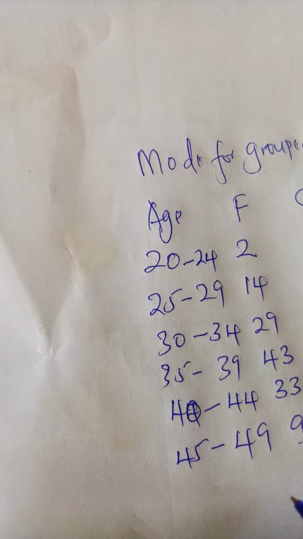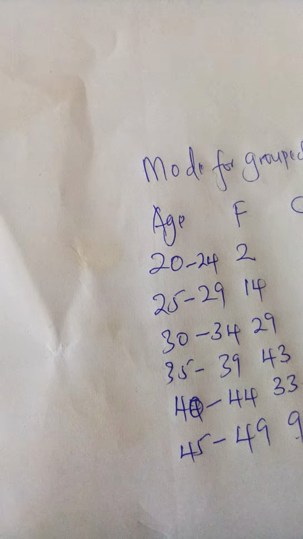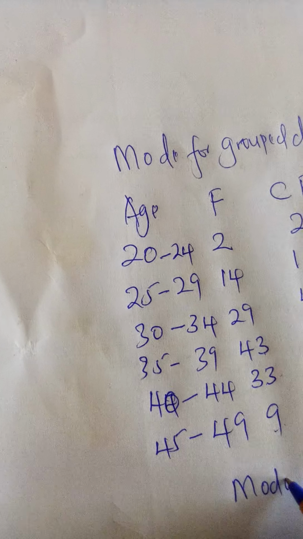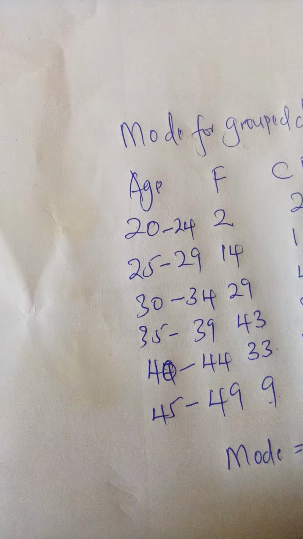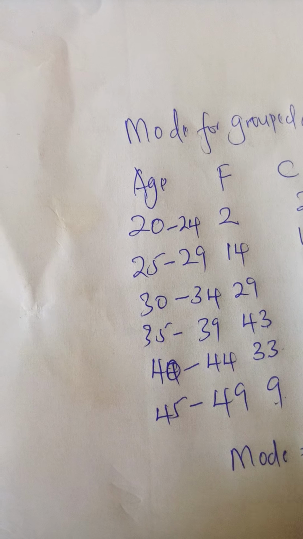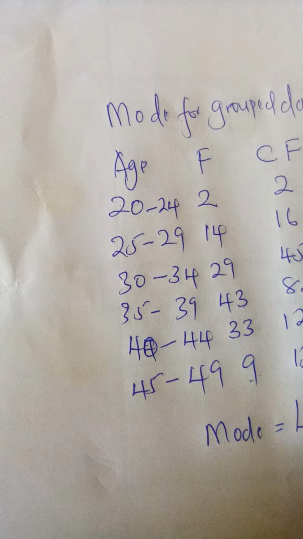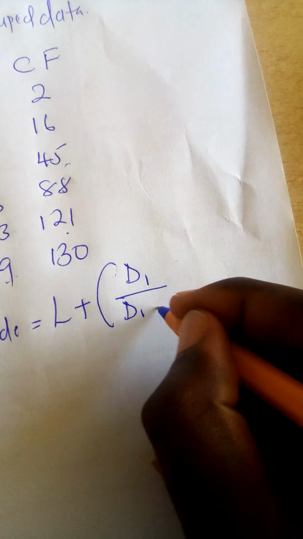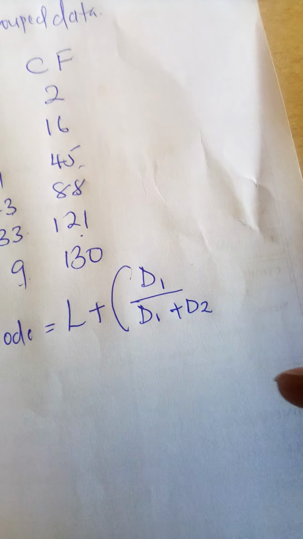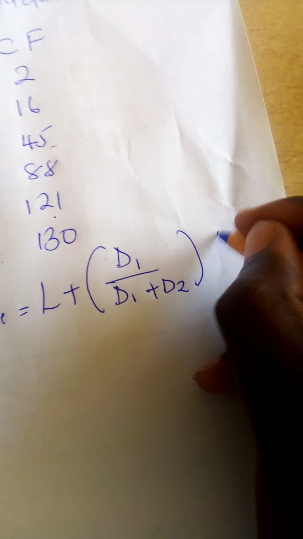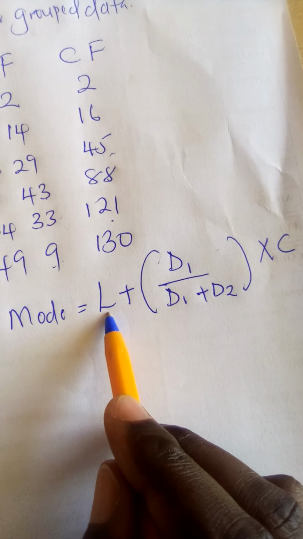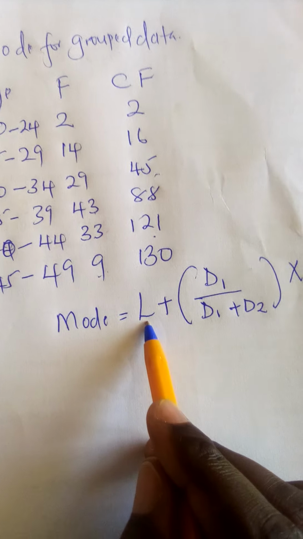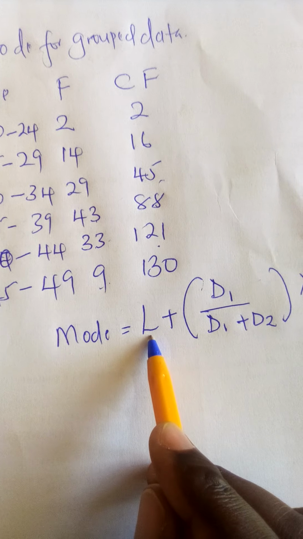So basically the formula for calculating the mode is given as follows. Mode equals L plus, you open a bracket, D1 over D1 plus D2, you close the bracket, then you multiply by C. So the L will denote the lower class boundary of the modal class.